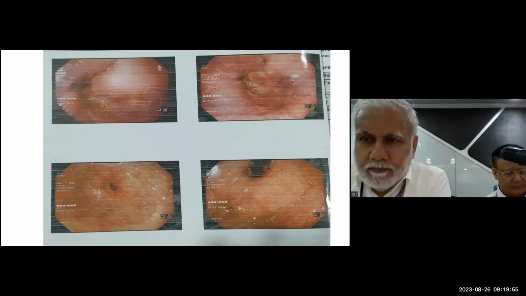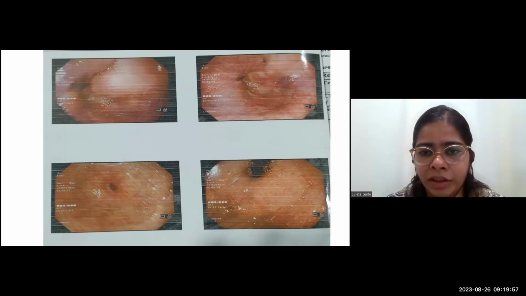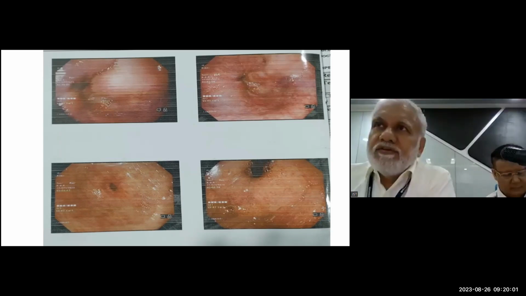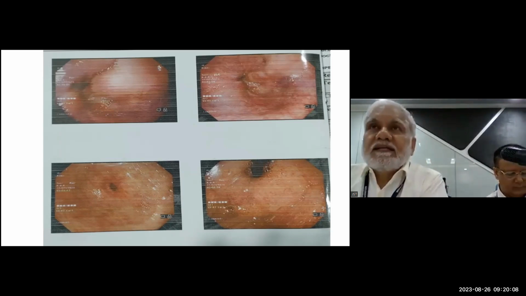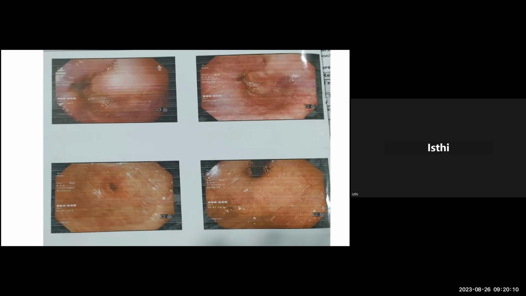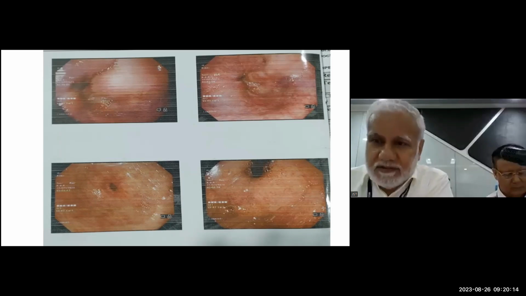So poorly differentiated, mucinous, signet ring. Yeah, so mucin secreting tumors and signet ring cell tumors are not FDG avid. So PET scan may be false negative. There may be a metastasis, but it is not seen. But if it is seen, it is definitely there. So that is the advantage.